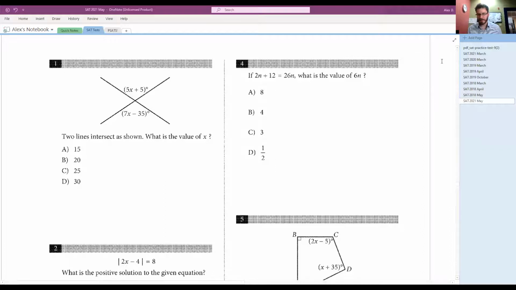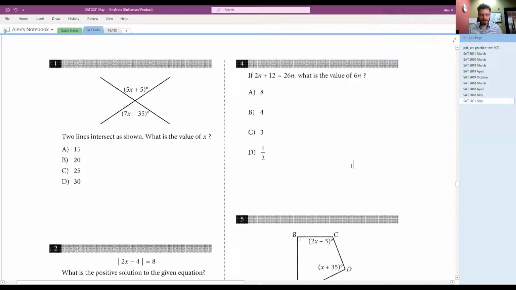So I'm going to be doing a test that is new to me. This claims to be the May 2021 exam, but I'm pretty sure it's a reproduction of some kind. But let's take a look at it and see if there's anything new to do. I won't run a timer, but, well, maybe I will run a timer.